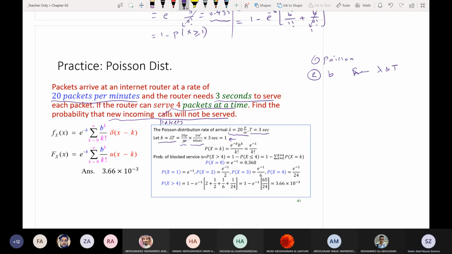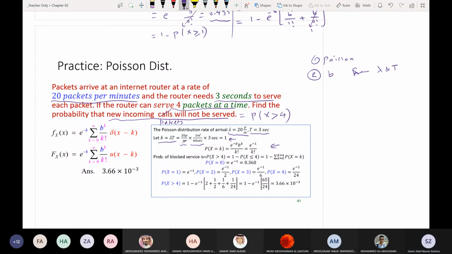Now, this gives me the probability that new incoming packets will not be served. What is this probability? Let's translate it to X. Probability of what? X greater than 4, strictly larger than 4. Why? Because the router has a capacity of 4 packets at a time.